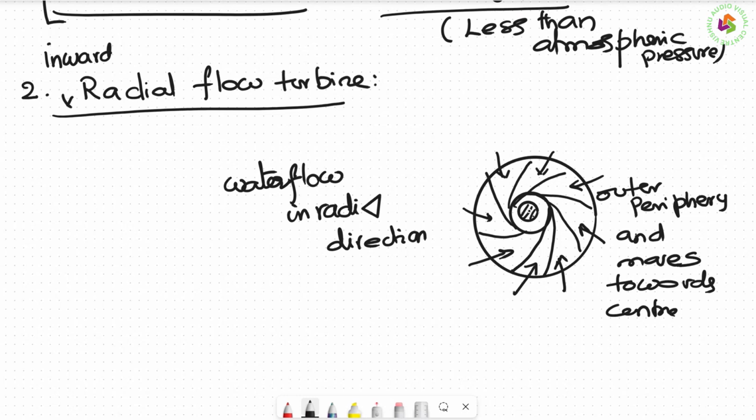If you take this as the axis of the turbine, the flow takes place in a plane perpendicular to the axis. So that's why it is called inward, from outer periphery to inner periphery, and radial, it flows towards the center. That's why it is called an inward radial flow turbine.